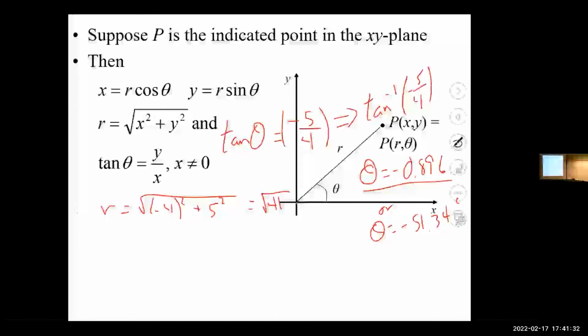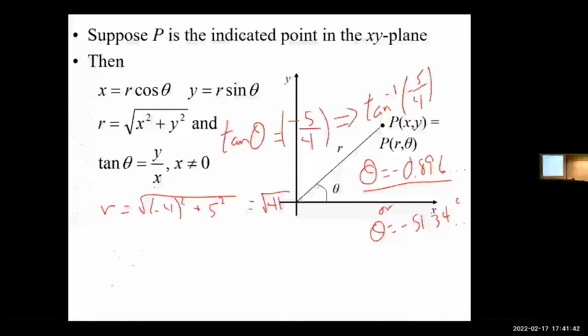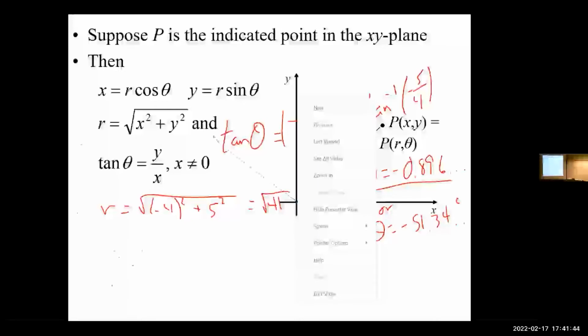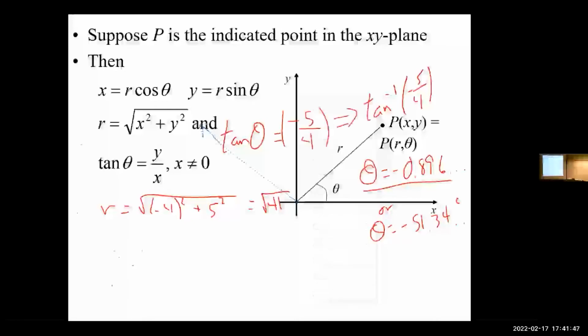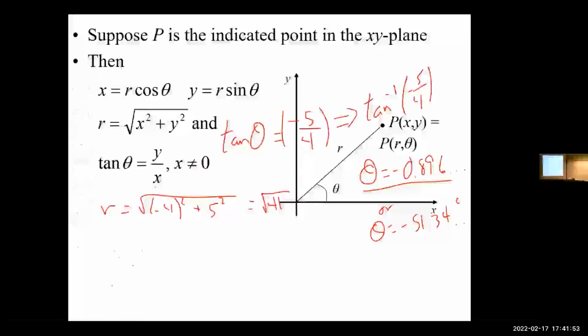So we know that our point, let's use different colors so you guys can see this, we're at negative 4, 5, so we're over here somewhere.